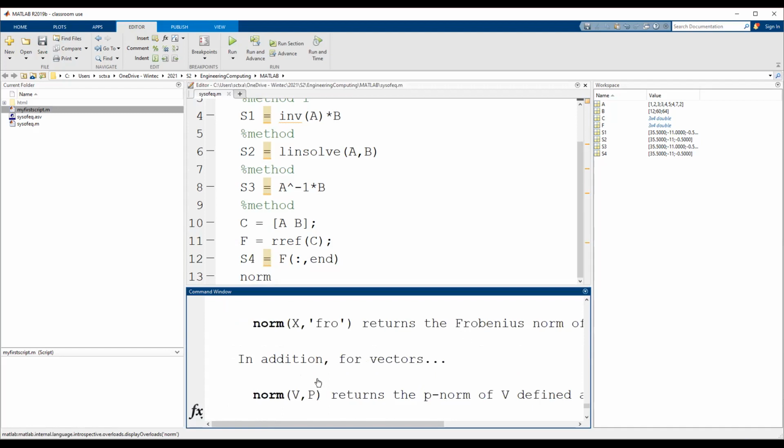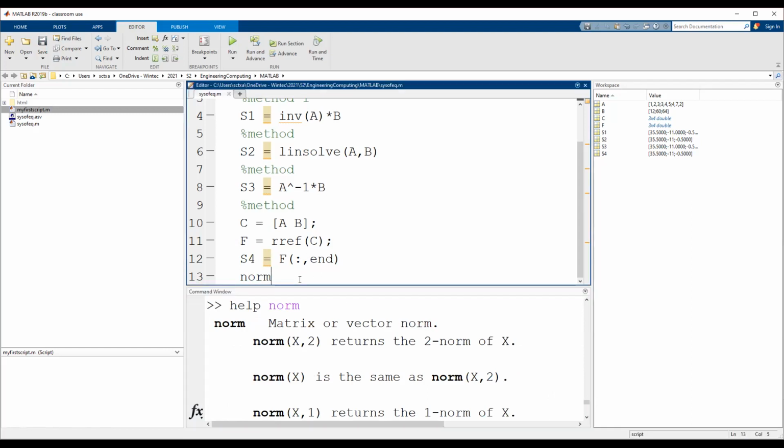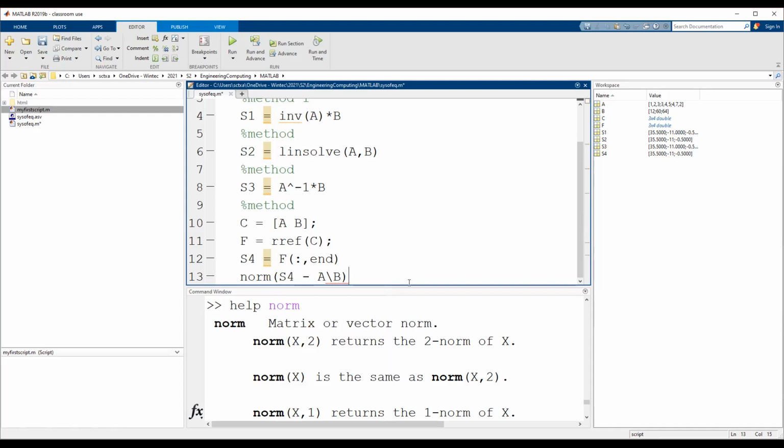It is kind of like the magnitude of the matrix. This norm represents a magnitude. Now we want to get the magnitude of S4 minus the solution A left divide B. Now we'll execute this one and we'll see what is the magnitude of this one.